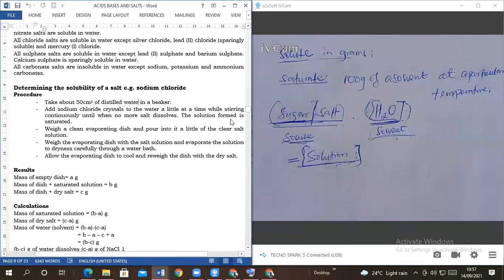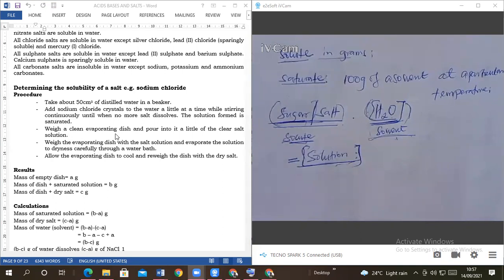We are using water as a solvent, and we are going to add sodium chloride, a common salt. So now we are introducing a solute. Add a little solute to the solvent while stirring continuously until no more salt dissolves. That means the solution formed is saturated.